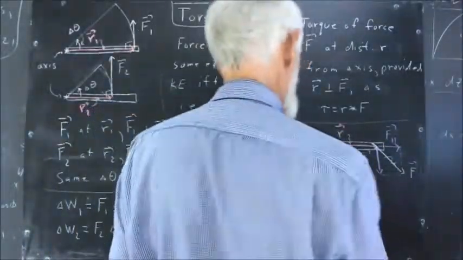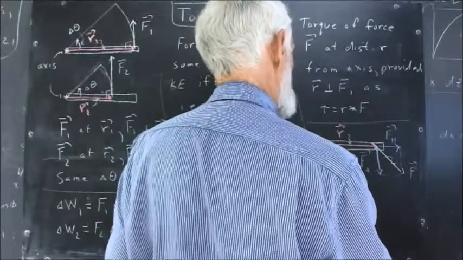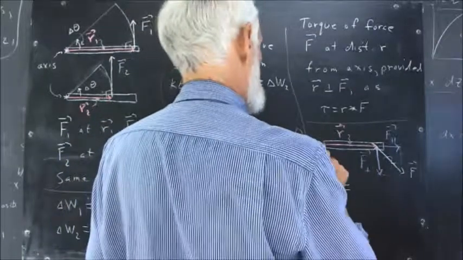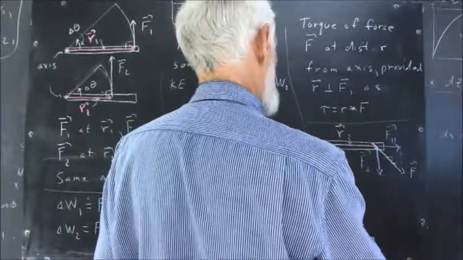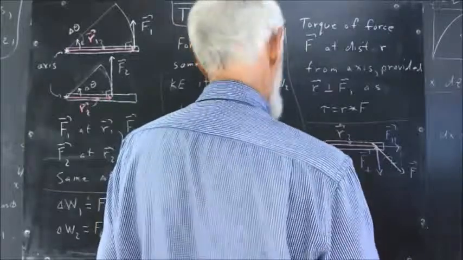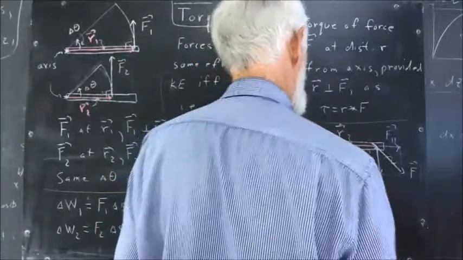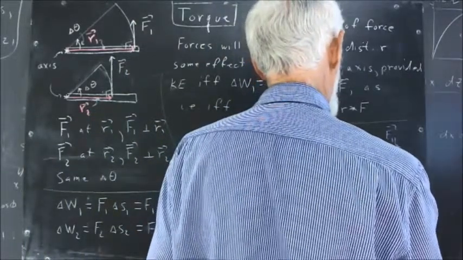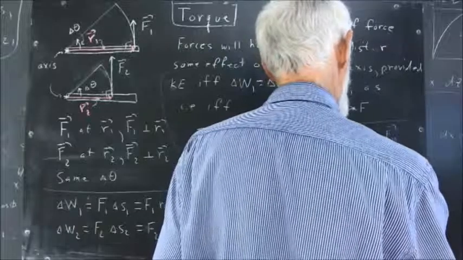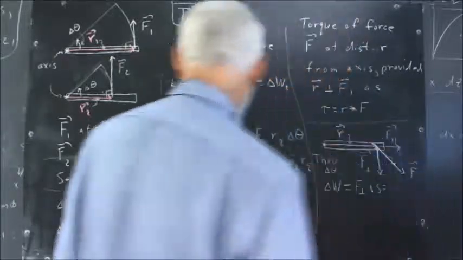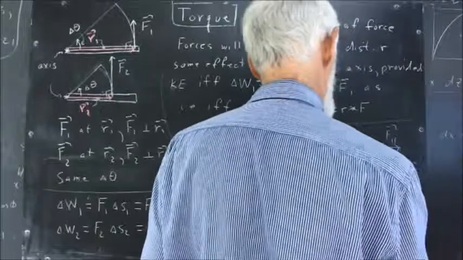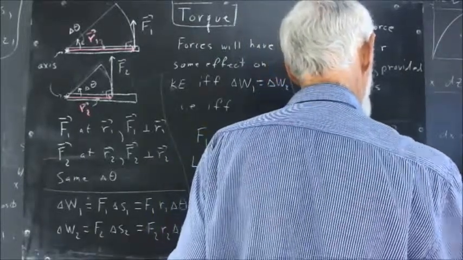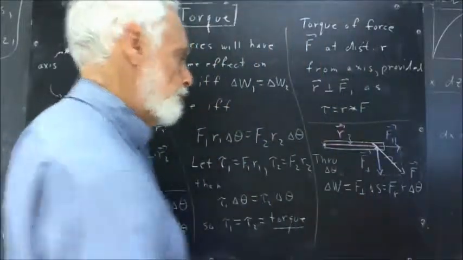But we see that the work, if we go through an angle delta theta, and I'm not going to attempt to draw that, the work is, in this case, going to be F perpendicular delta s, which is going to be F perpendicular times r delta theta.